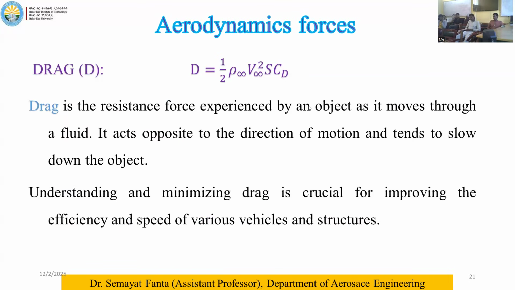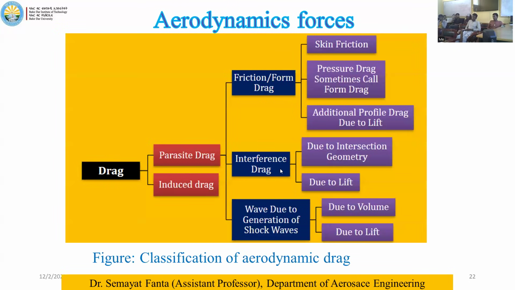So when we say drag, there are different classifications of drag. Fundamentally, drag is classified into parasitic drag and induced drag. Again, the parasitic drag is classified into three classes: friction drag, interference drag, and wave drag. Friction or form drag is classified into three sections: skin friction, pressure drag, and additional profile drag.